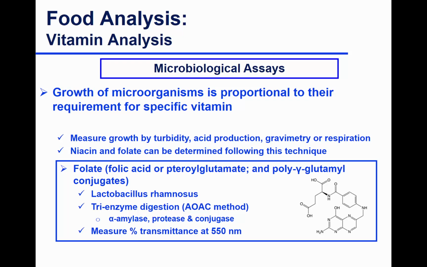Then it will be free for detection or uptake by the bacteria. The bacteria used is Lactobacillus rhamnosus, a common one. In this case, you just look at turbidity, so you would measure transmittance at 550 nanometers. So that's how that's determined.